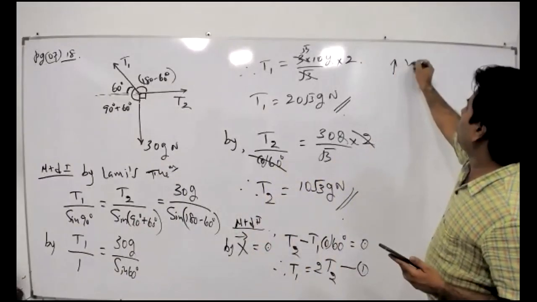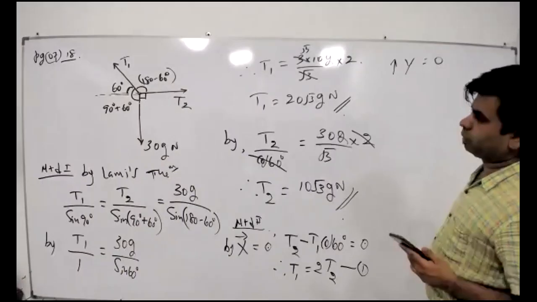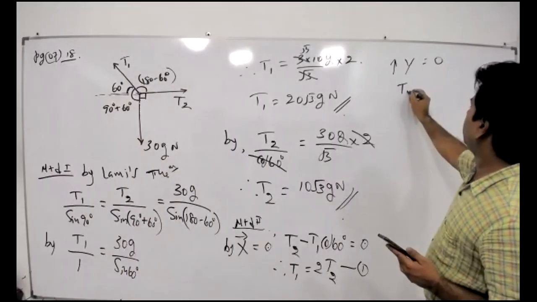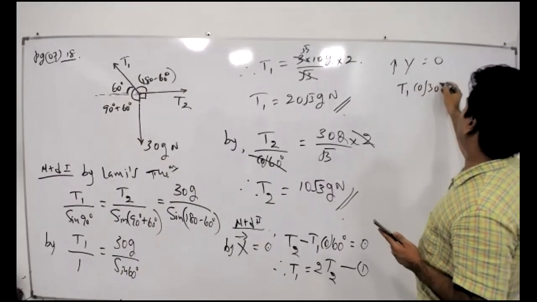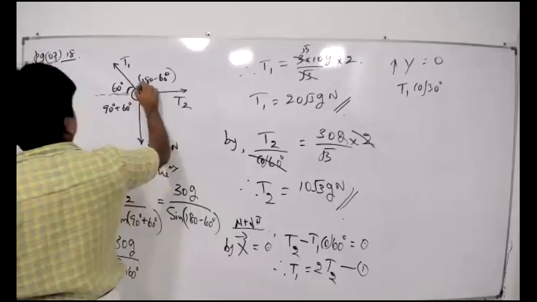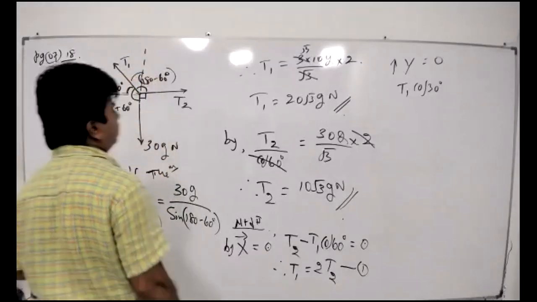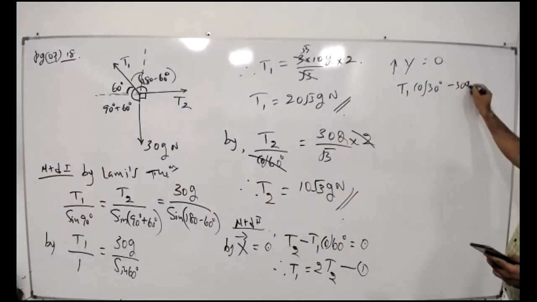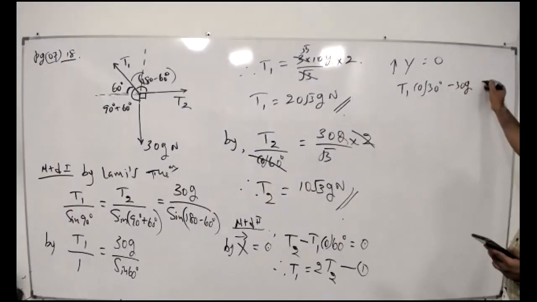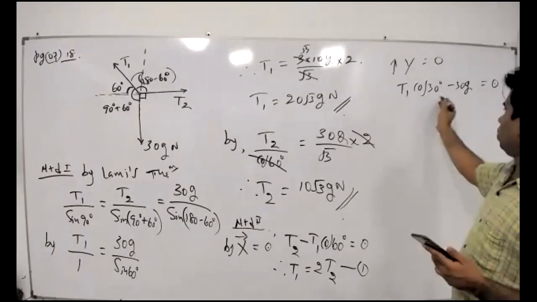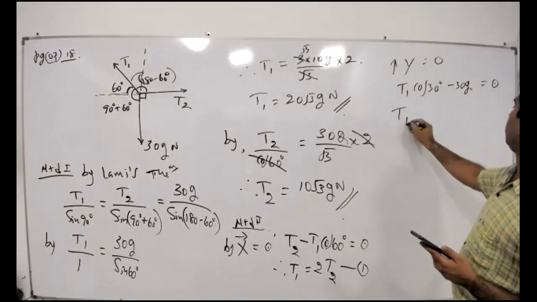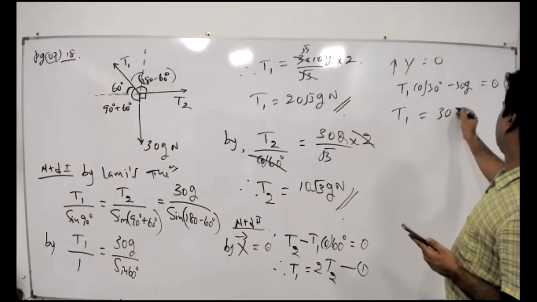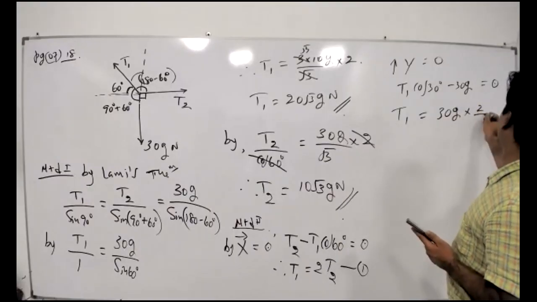Then by equating vertical components to 0, you will have T1 cos 30, because this angle is 30 degrees, minus 30g equals 0. Cos 30 is root 3 over 2. So T1 equals 30g into 2 over root 3.